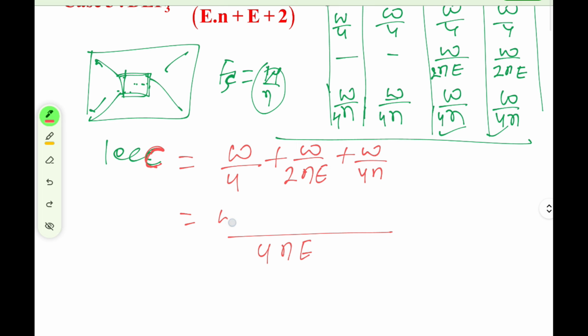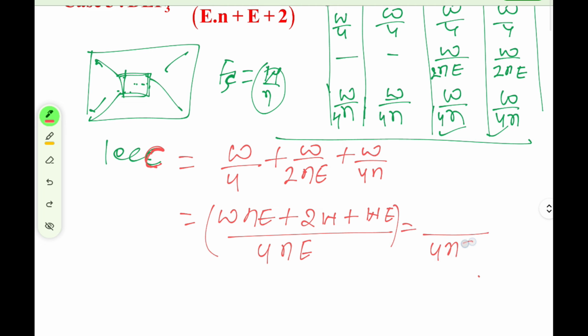The 4 will cancel out, W by Ne, plus this 2W will be there, plus the 4 will cancel out, W into E will be there, right? If I am correct, let me check over here.